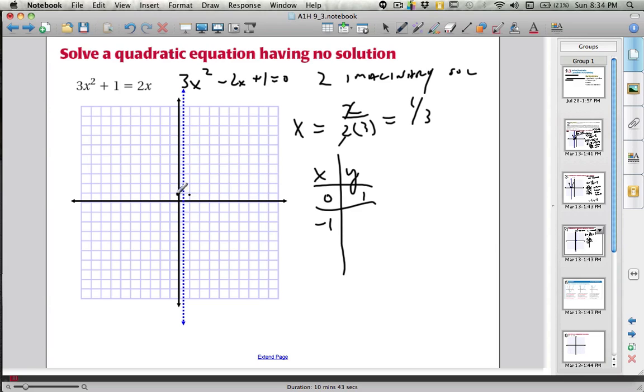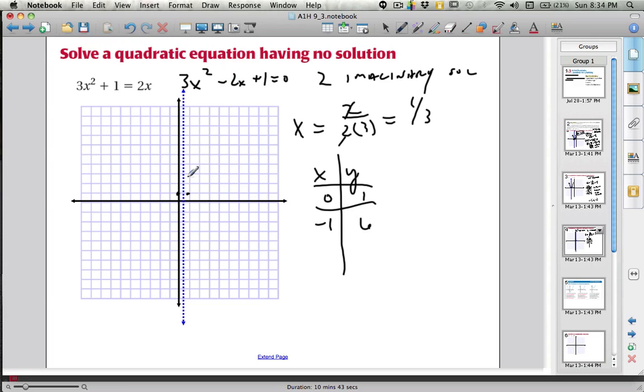We're going to talk about what that means in a second. So that was 1/3 to the left. That means 1/3 to the right, which would be at 2/3. I'll be at 1. And when I plug in negative 1, I'll have negative 1 squared is 1 times 3 is 3, minus 2 times negative 1, so minus negative 2 is 5, plus 1 is 6.